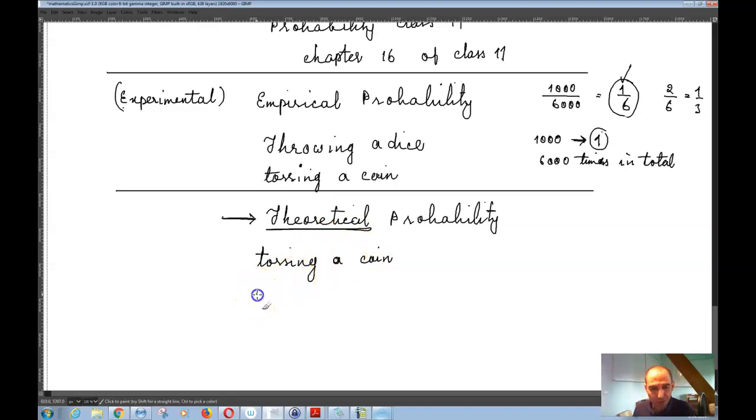So we assume that the coin is fair. What that means is that it is symmetrical, so that there is no reason for it to come down more often on one side than on the other side. That means that the coin is fair, and we call this property of the coin being unbiased.